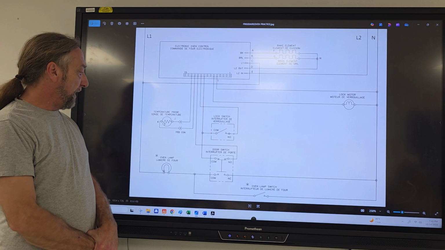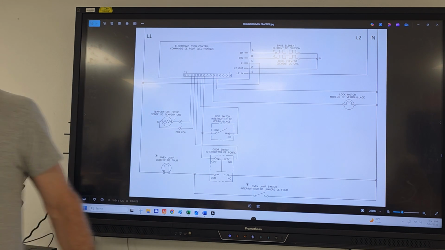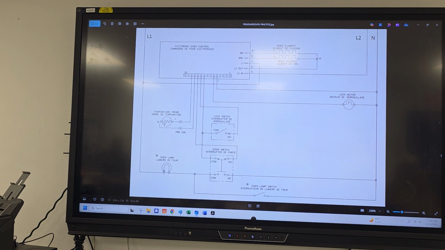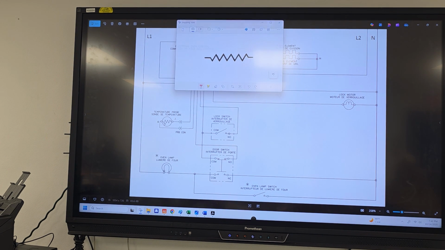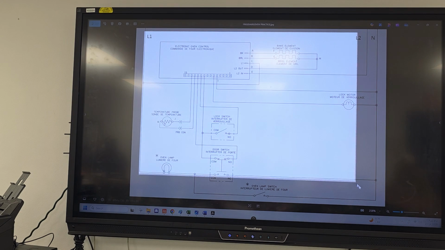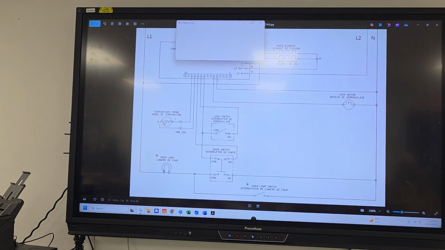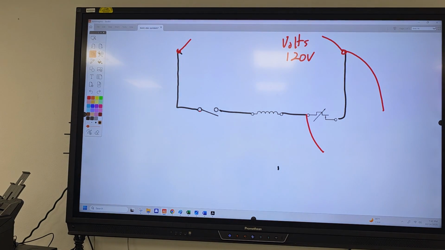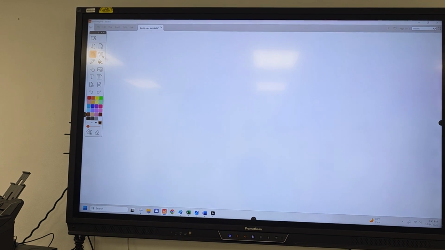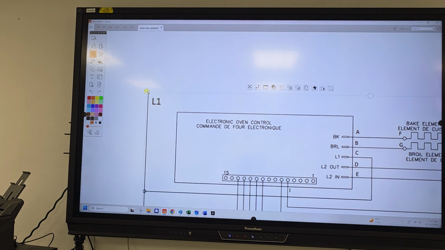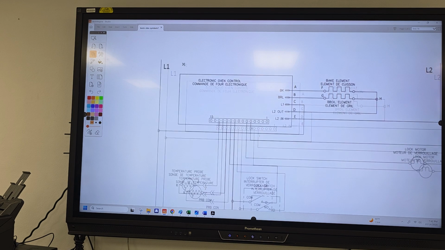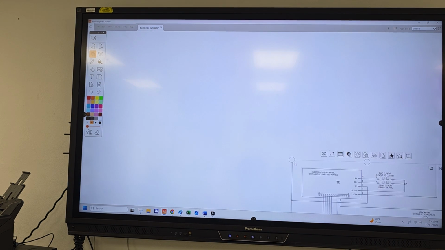So, if I put my meter lead, you know what, let me copy it and put it in the diagram where I can draw it. Give me a second here. Have to make it fit.